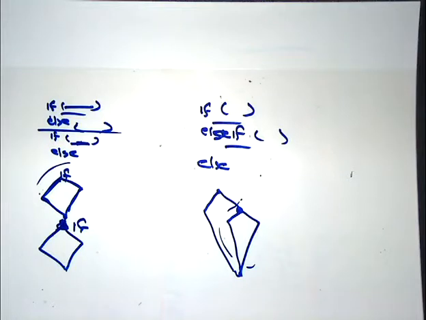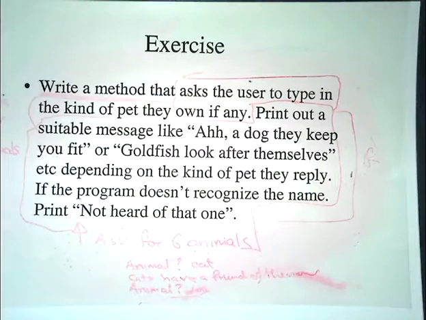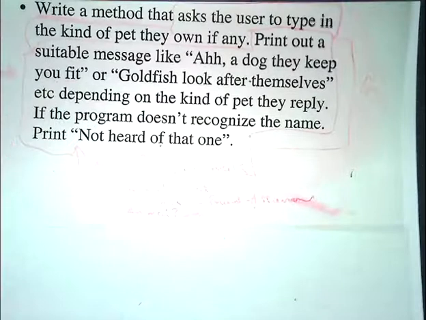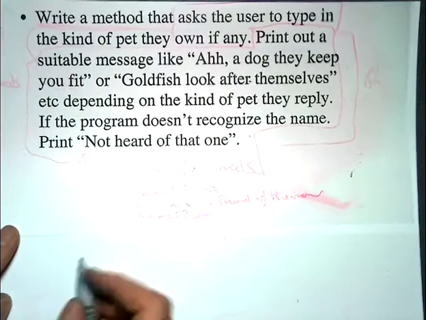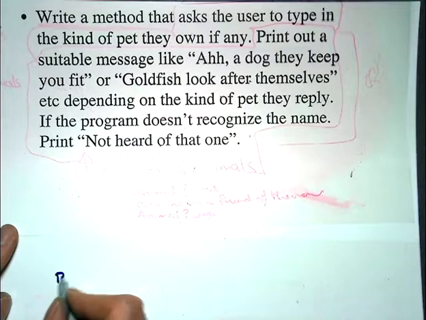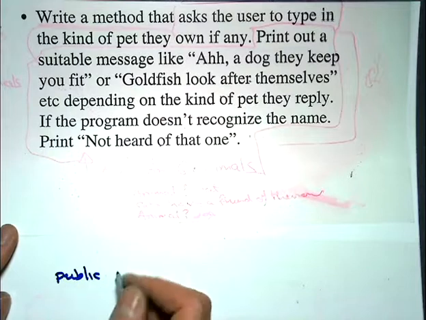Okay, let's just go through what kind of thing you would get with a question like this. So what are we looking for? So it asks for a method, so we've got to write a method.